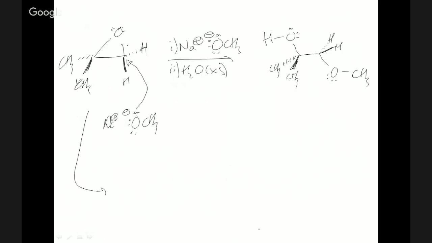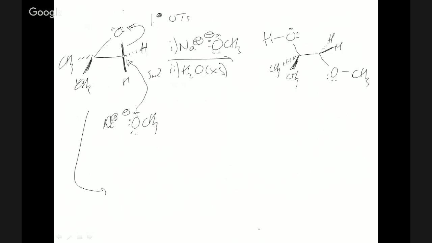Backside attack pops this open. Again, think of this as like a primary tosylate is a good way to think about it. Primary O-tosyl or primary bromide. If that was an O-tosyl, right, carbon, CH2O, and a leaving group, this is a primary, SN2.